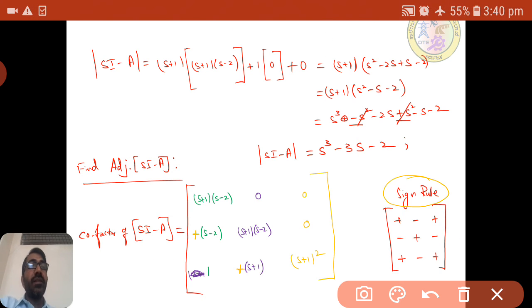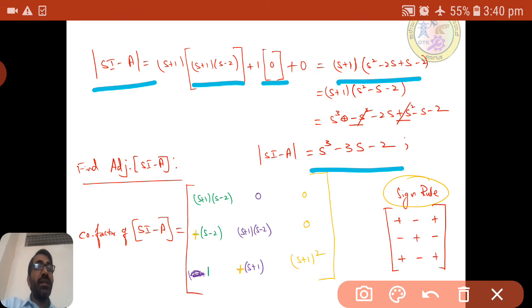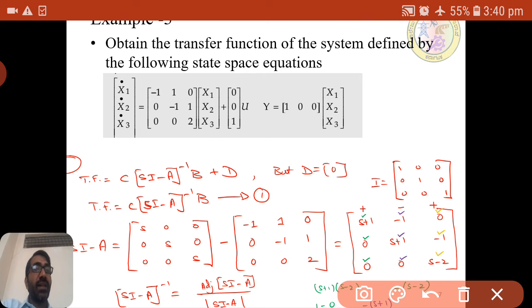Then first we will find the determinant, that is s plus 1 into s plus 1 into s plus 2, plus 1 into 0 and plus 0. If you cross multiply and simplify, it will remain with s cube minus 3s minus 2. To find the determinant, take any column or any row and find the determinant for each term.